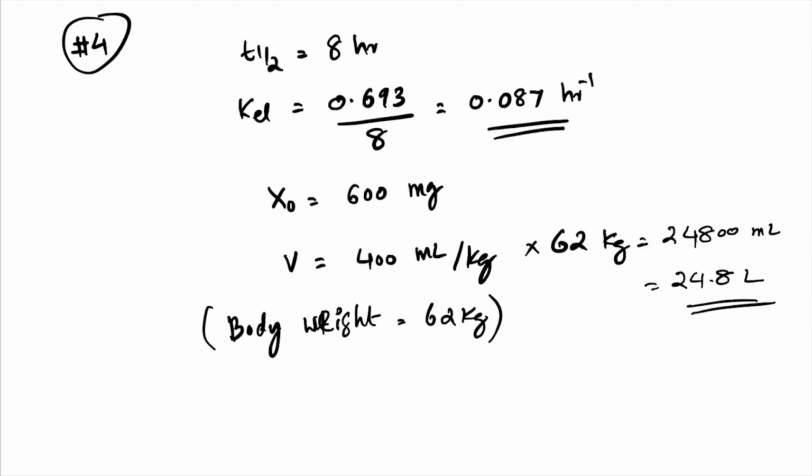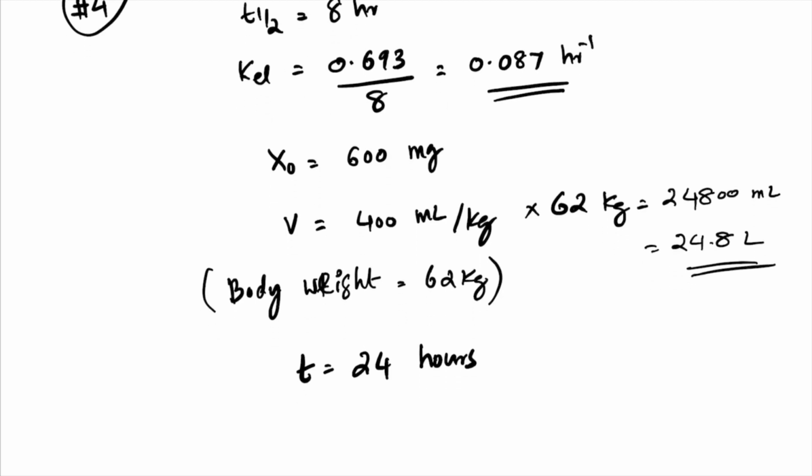Now, the actual question is to calculate what percent of the dose is eliminated in 24 hours. So at t is equal to 24 hours, what percent of the dose is eliminated?